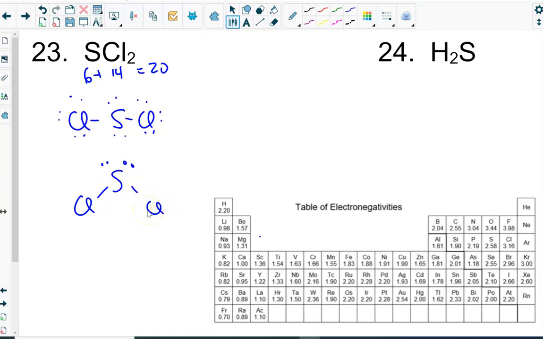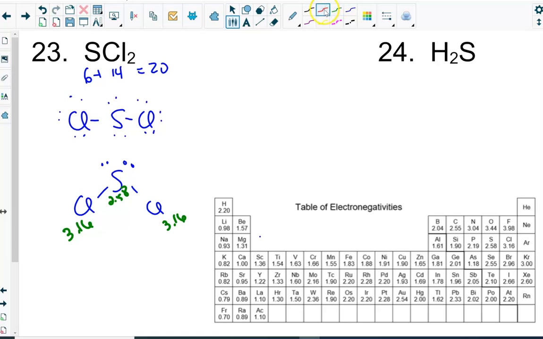And now we're going to establish the values. So first thing we're going to do is look up sulfur. Sulfur is 2.58, and each chlorine is 3.16. So now you're going to look at each set of bonds and draw your dipole arrows like we did before.